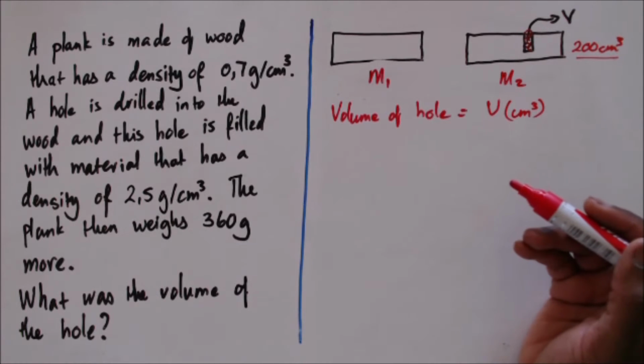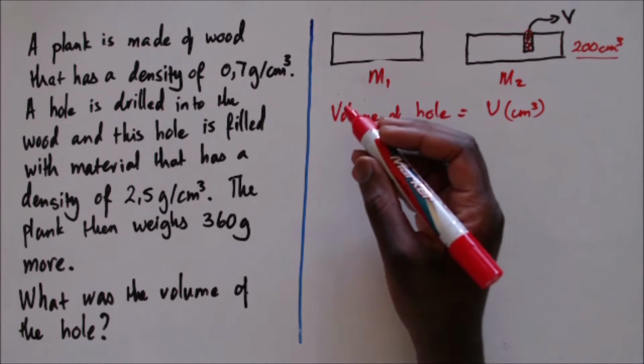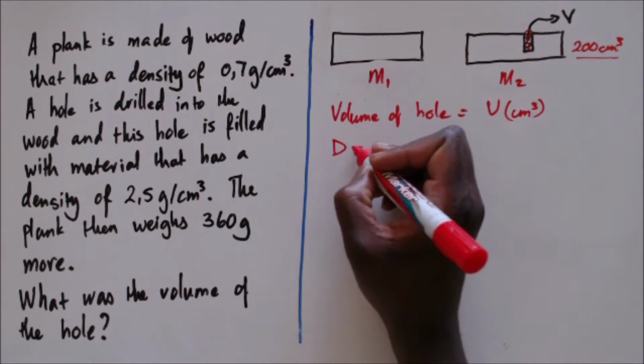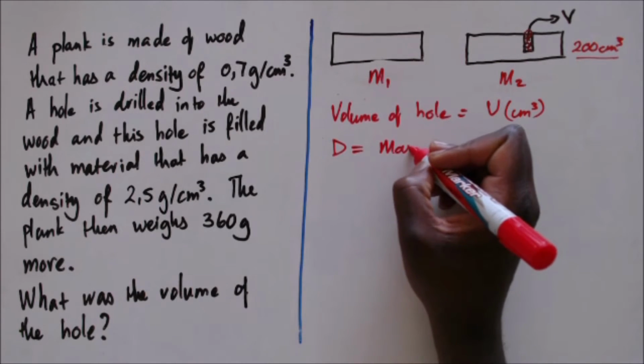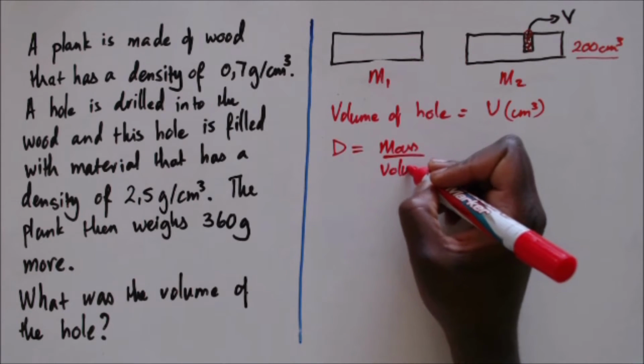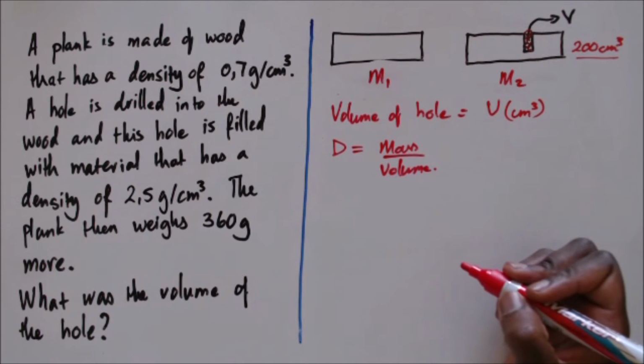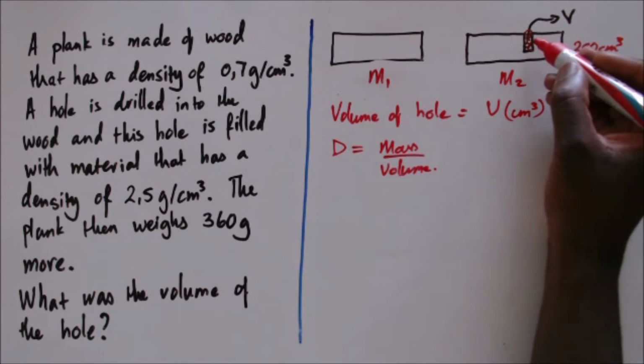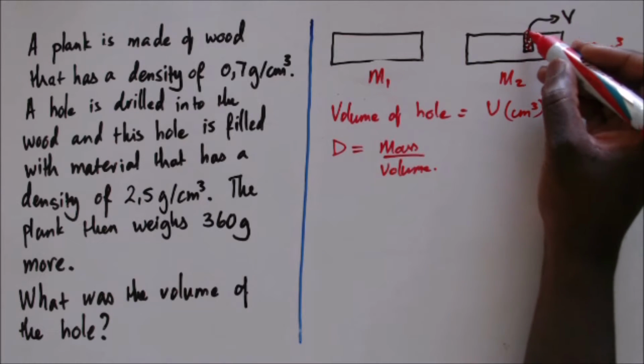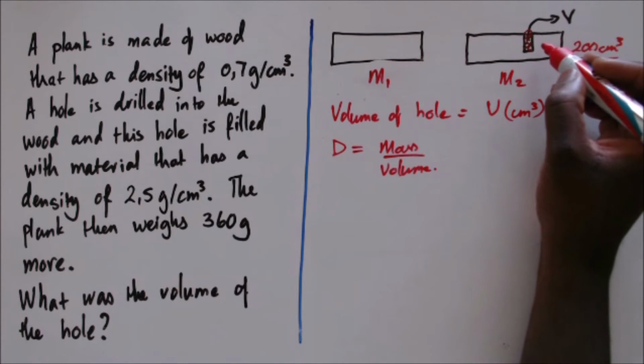So what can we do next? We can write down the definition of density, and density is equal to mass over volume. When this hole is drilled, a certain amount of wood is removed from this plank.